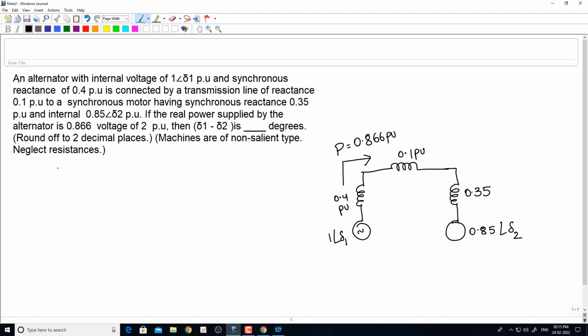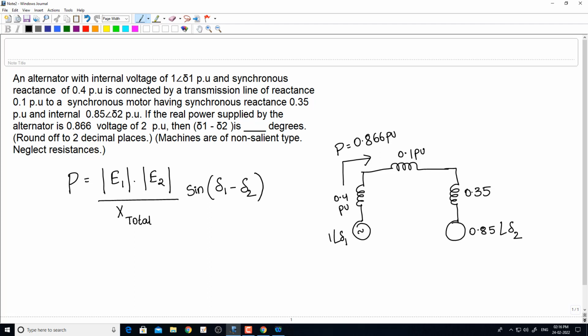So, we know that power flow through the transmission line is given by the magnitude of the sending end voltage into the magnitude of the receiving end voltage divided by total reactance, into sine of the angular difference, that is delta 1 minus delta 2.